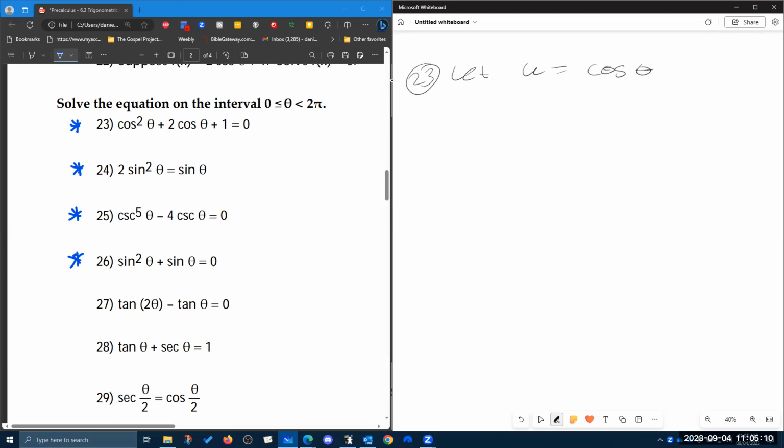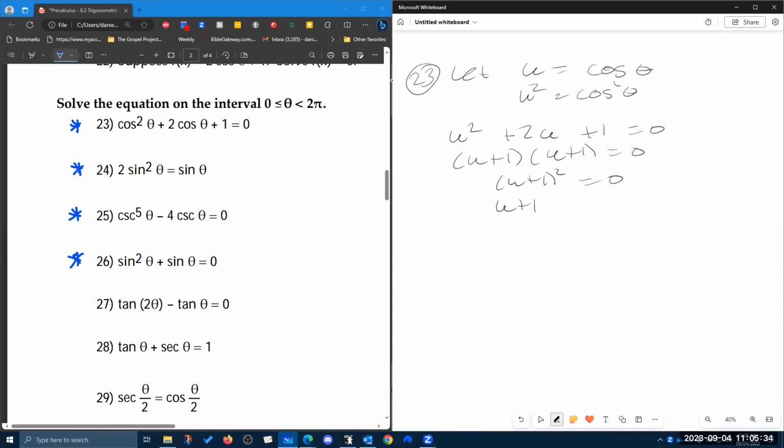And then we make the substitution that cosine squared theta is the same thing as cosine of theta squared. So u squared is cosine squared theta. So this is going to be u squared plus 2u plus 1 equals 0. We're going to factor that into u plus 1 times u plus 1, or u plus 1 quantity squared.